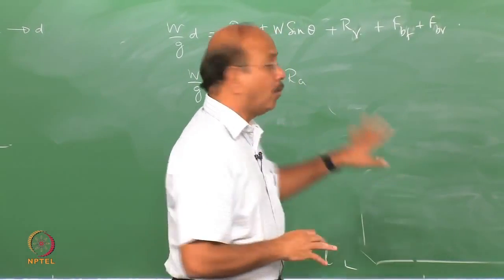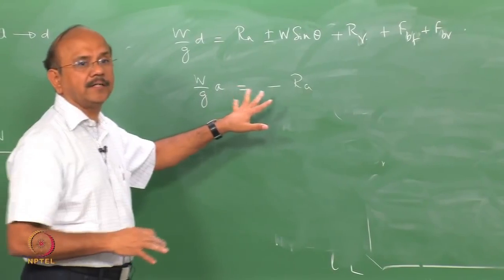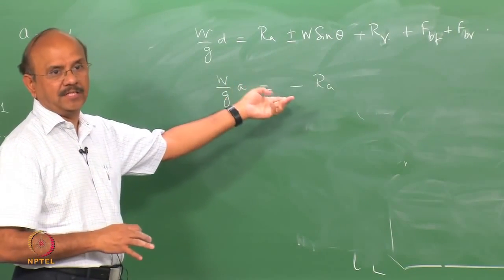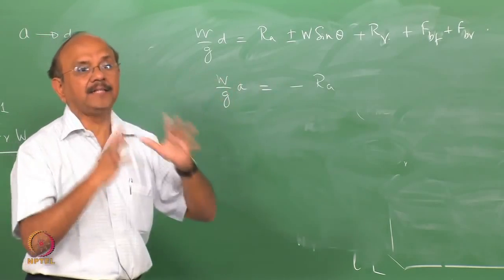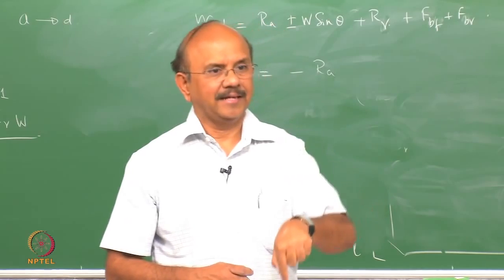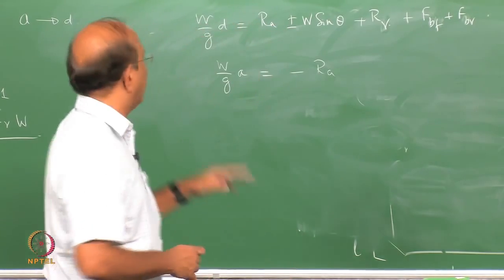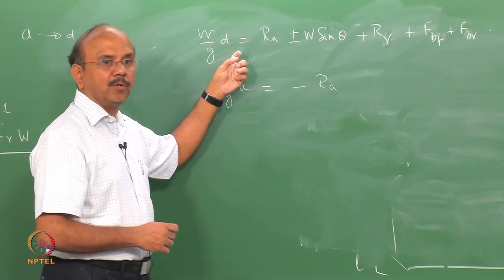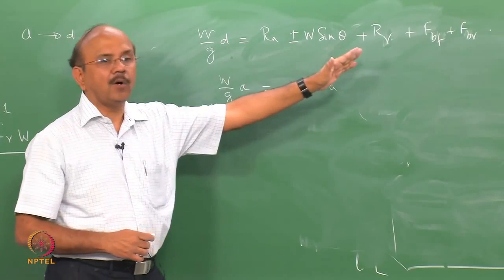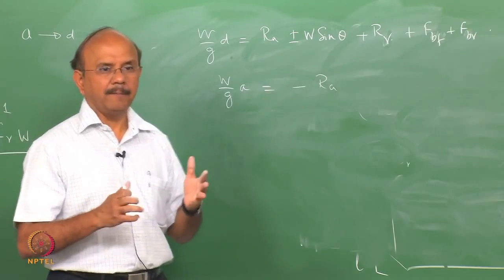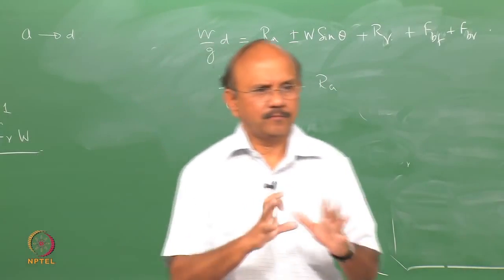What I have done is, when I write F is equal to ma, if I write the directions explicitly, obviously a will become negative. Hence I am replacing that negative a with D. In other words, I am replacing all the negative forces by positive forces, just to understand this, that's all.